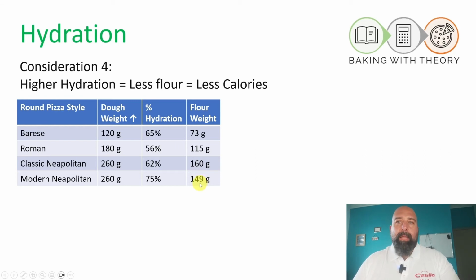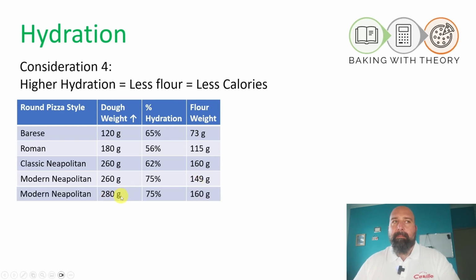Now, I want to be correct on this. More often, people making modern Napolitan pizza make a dough a bit bigger. If, for example, we use a dough of 280 grams, there is no difference anymore. The same amount of flour, exactly.